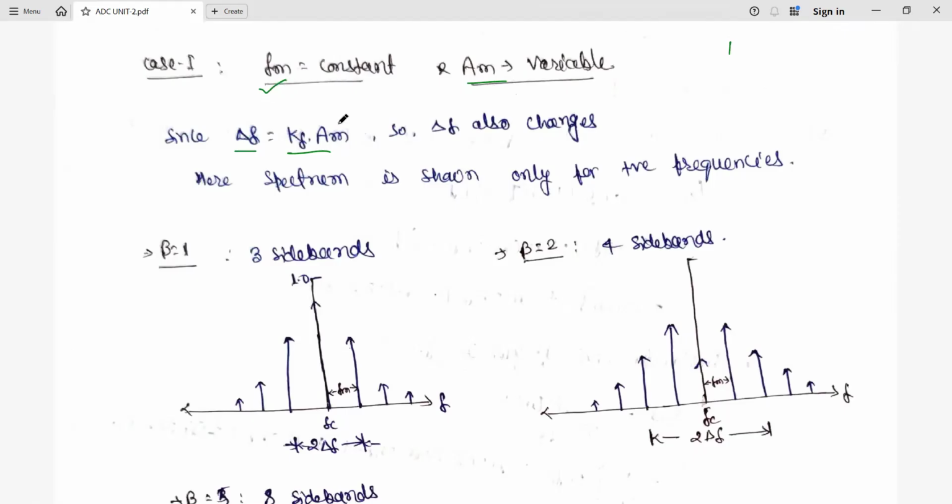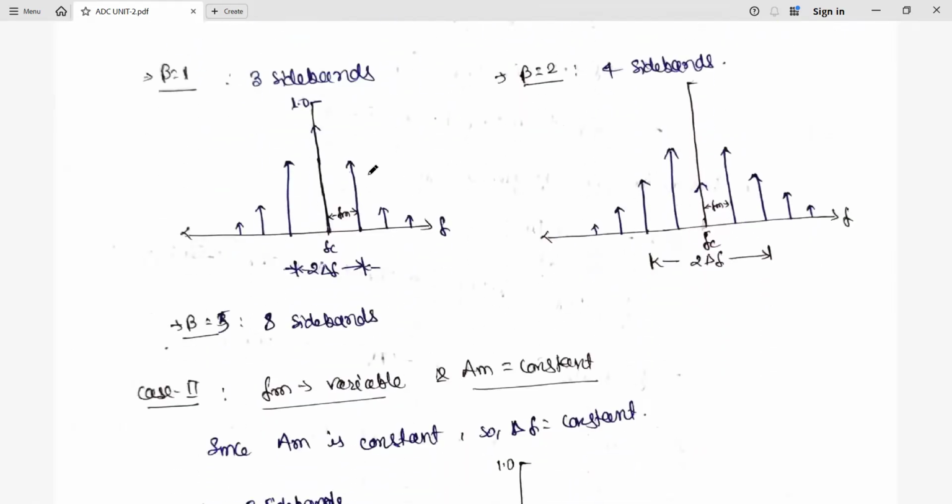So even though fm is constant, m is variable, so del f changes. For beta equal to 1, we have 3 side bands and you can see 2 del f. But in the case of beta equal to 2, we have 4 side bands and you can see how this 2 del f has changed. It is wider, and the difference between 2 side bands is fm, again fm, again fm, like this.